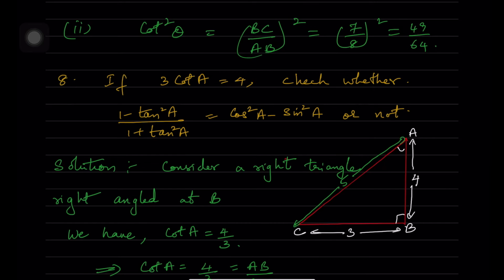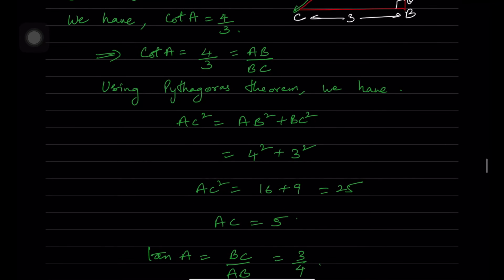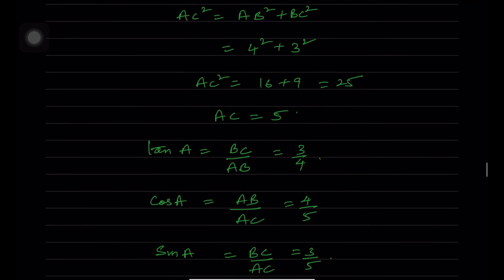Then cot A, you know that it is equal to adjacent by opposite. So cot A is equal to 4 by 3 means it's equal to AB by BC. So using Pythagoras theorem, we have AC square is equal to AB square plus BC square, that is 4 square plus 3 square, 16 plus 9, which is equal to 25. Therefore AC is equal to 5.